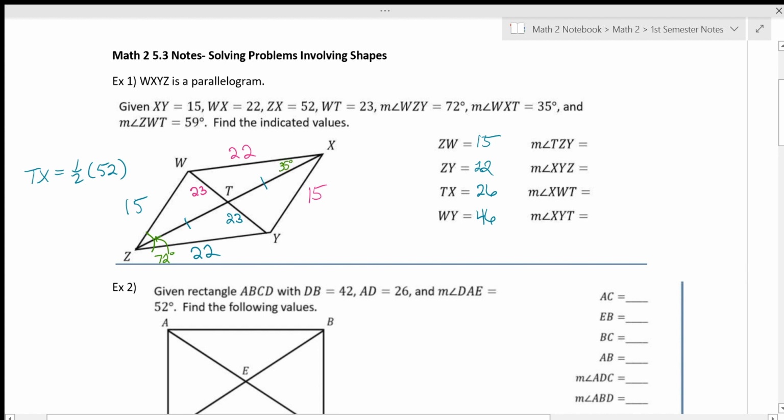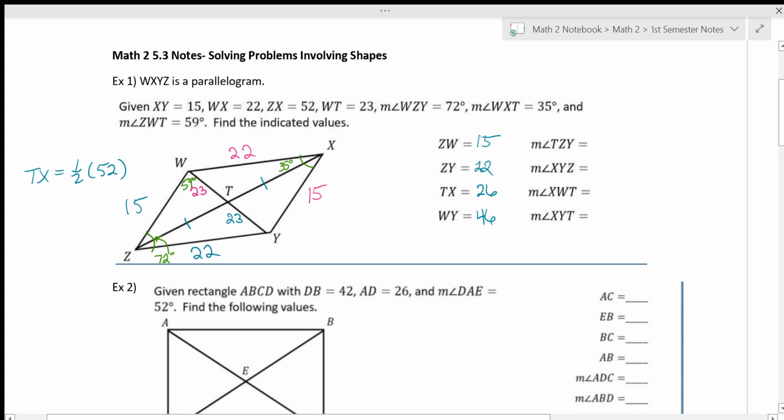And ZWT is 59 degrees. Now what we know about the angles of a parallelogram is that opposite angles are congruent. So I know that if WZY is 72 degrees, then WXY is also 72 degrees. We know that opposite angles are congruent.